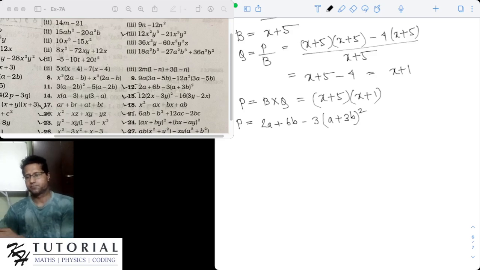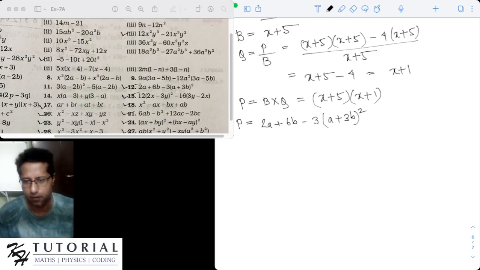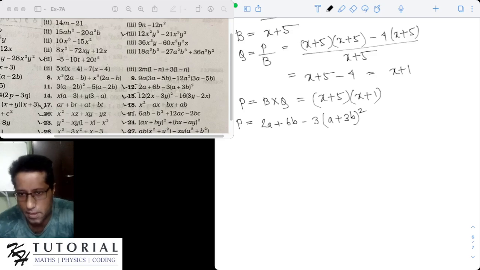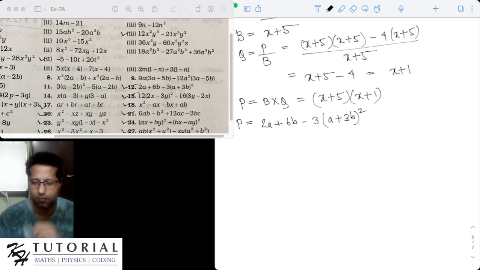Now you cannot immediately see any common factor, which is a monomial or a binomial. You cannot immediately factor out any monomial or binomial from this polynomial.